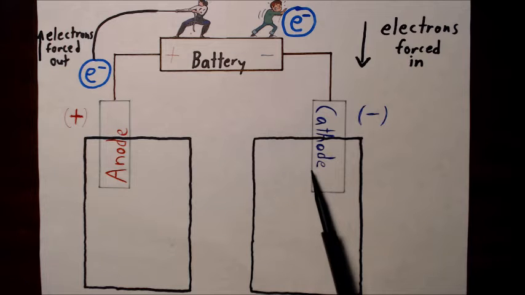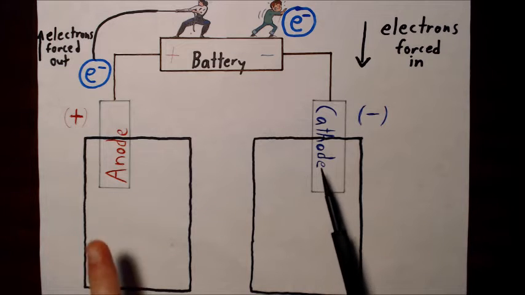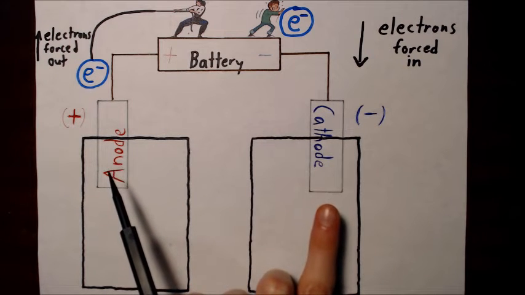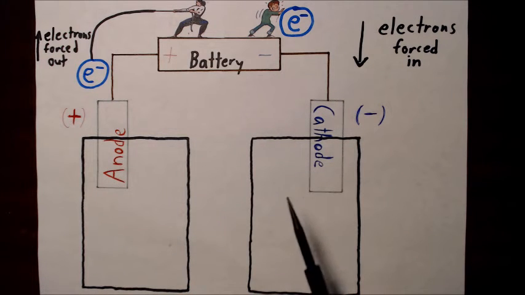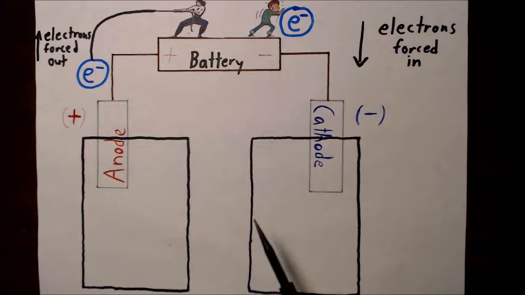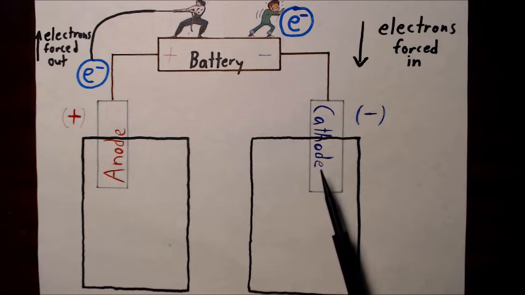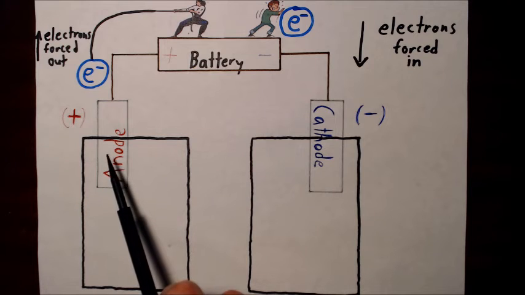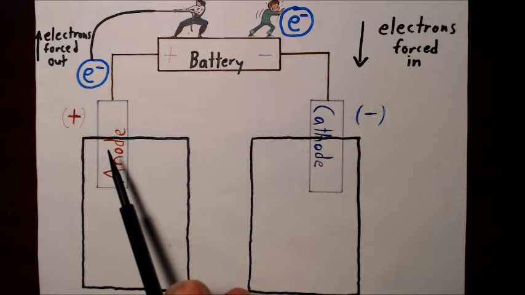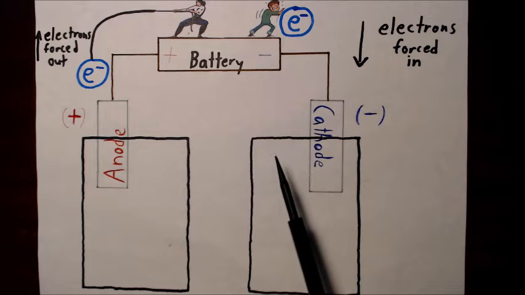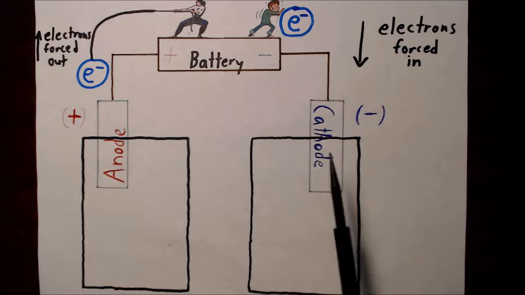However, here is the catch. In the electrolytic cell, we switch these substances. We want the substance that tends to gain electrons and get reduced at the cathode to instead serve as the anode. And we want the substance that tends to lose electrons and get oxidized at the anode to instead be at the cathode.